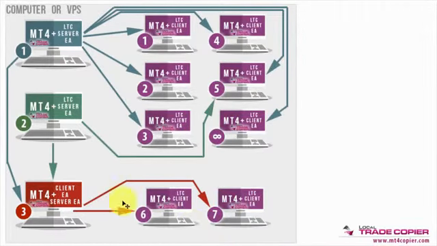Obviously I could be copying those trades to whatever I want, but for this demonstration I just copied them to these 2. Now it doesn't end there. We have a computer or a VPS with a lot of MetaTrader accounts copying those. It became quite a complicated setup, so I hope you guys don't get confused by that, but I try to draw this as simple as possible.